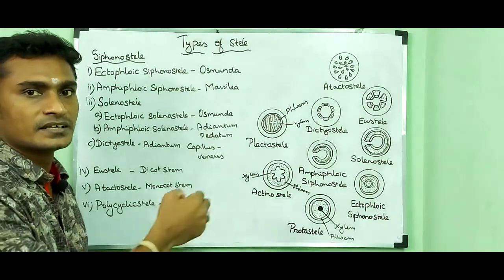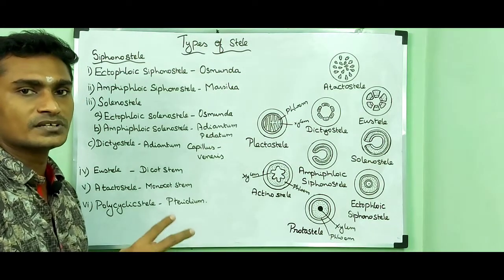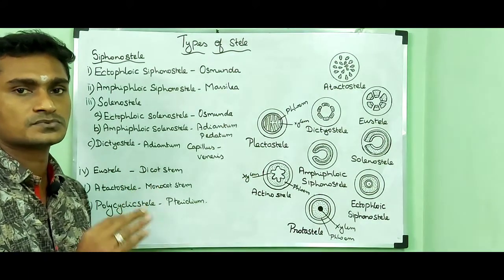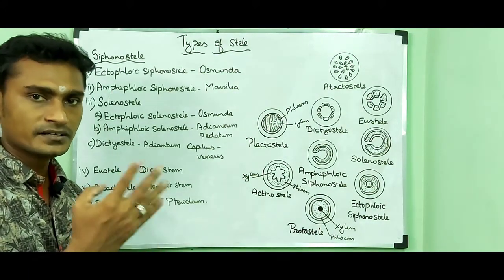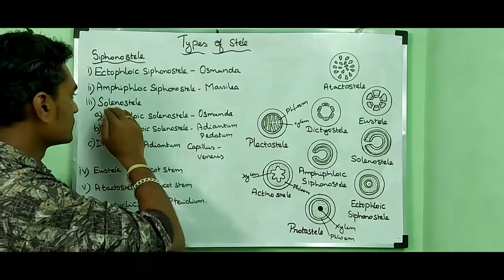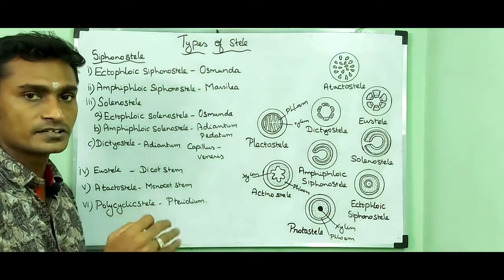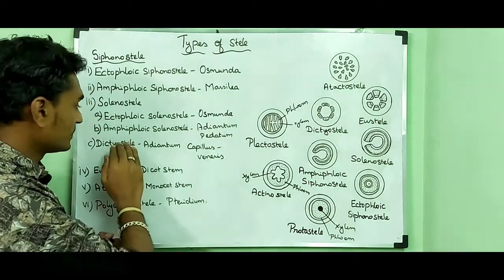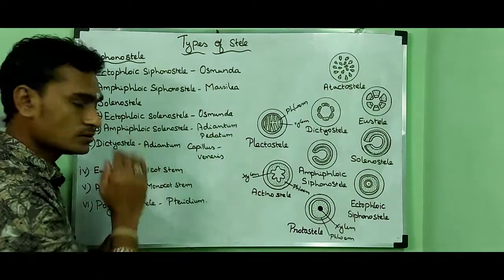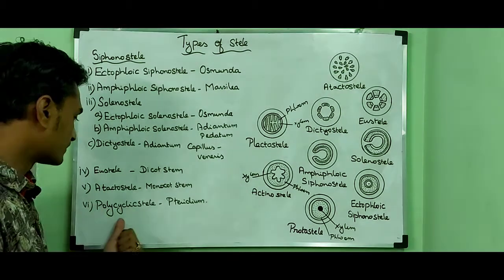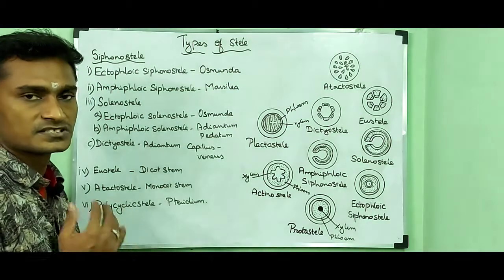So earlier I told you solenosteel can be divided into two types. Sorry, I wrongly told that information, because solenosteel is divided into three types. They are ectofolic solenosteel, amphifolic solenosteel and dictyosteel. Then eusteel, atactosteel and polycyclic steel.